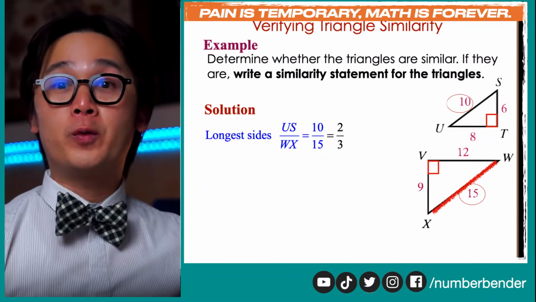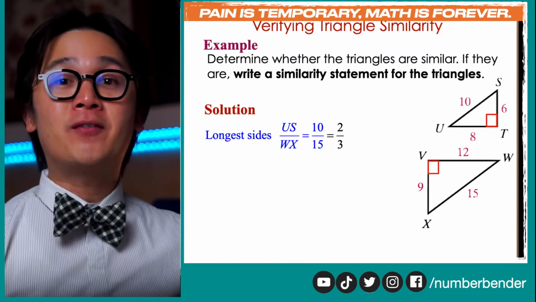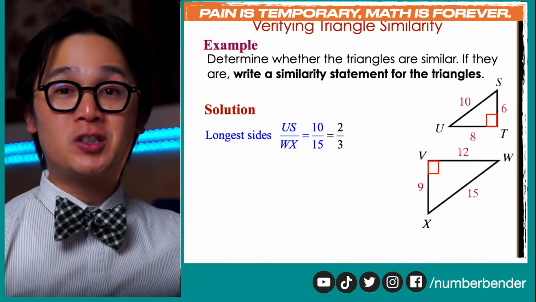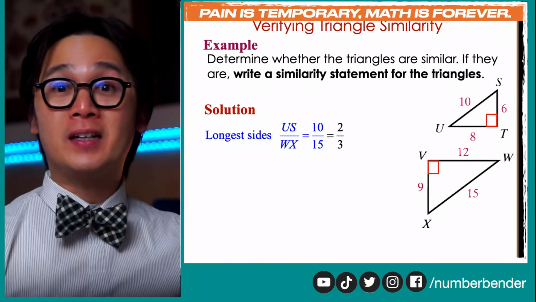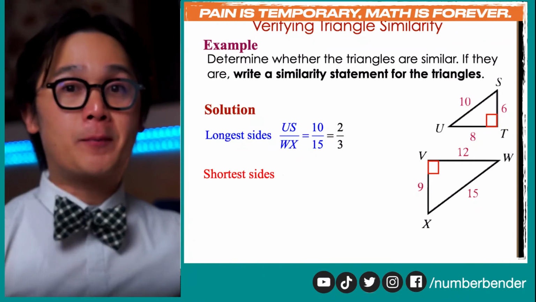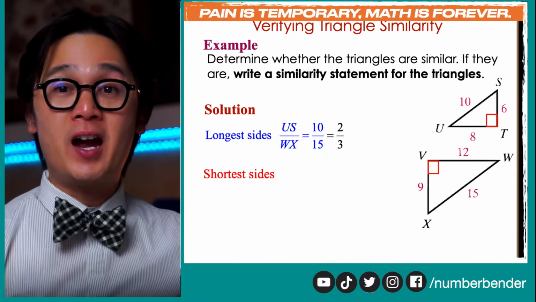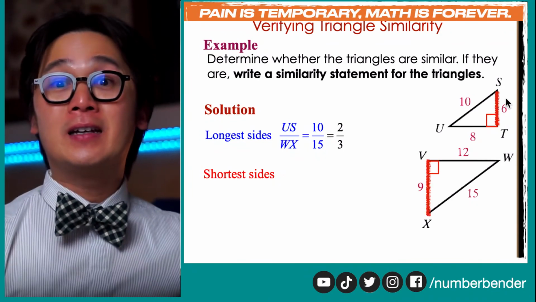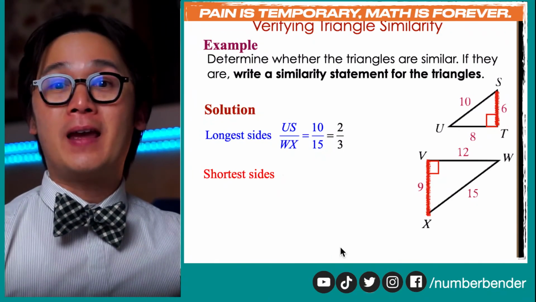And now all we need to do is to check if the other two corresponding side lengths will have the same proportion as US over WX. And the other side that I'm going to be testing would be the shortest side, and my side would be the vertical line ST and XV.